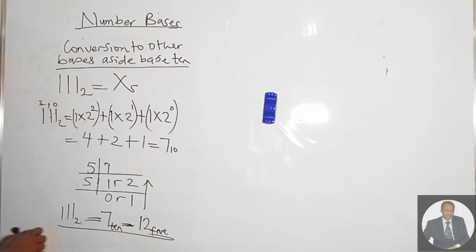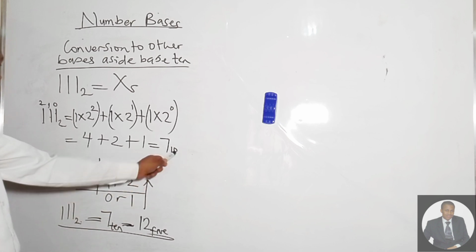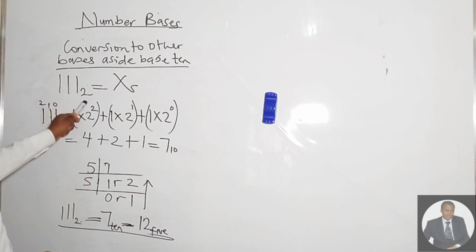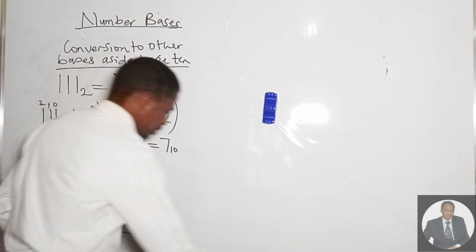They are the same thing. So to convert 111 base 2 to base 5, in base 5 it is 12 base 5.